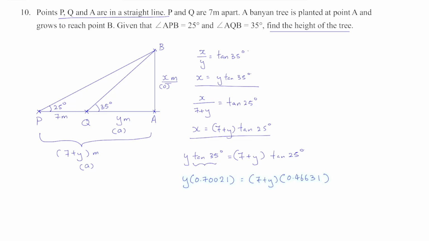Okay, then after that we could expand. So 0.70021y equals to 0.46631y plus, so we expand in, 0.46631 times 7 is 3.26417.